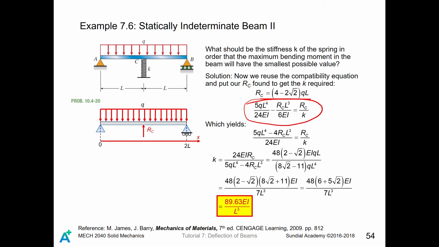So this is one of the ways we can solve the statically indeterminate beam problem without using anything about statics, partially because in this problem we don't need to know RA and RB, because they are symmetric to each other, A and B.